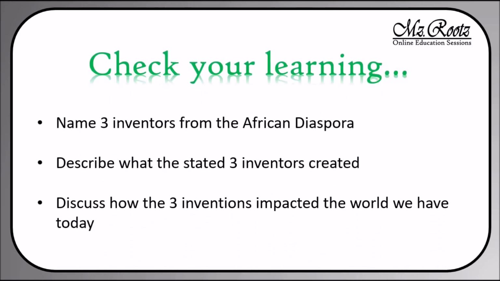Can you name 3 inventors from the African diaspora? Are you able to describe what the 3 inventors created? Are you able to discuss how the 3 inventions impacted the world we have today? Again, you can discuss this verbally, or one step better is to write these answers down and journal your responses.